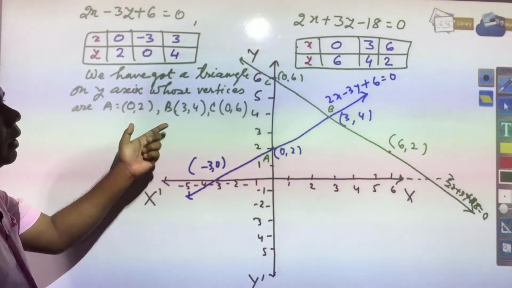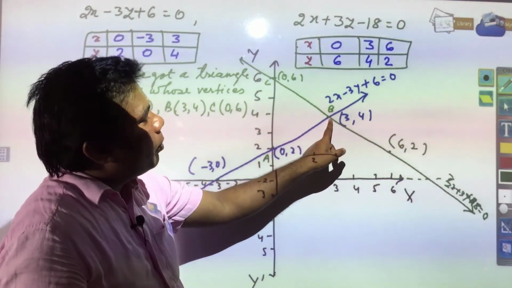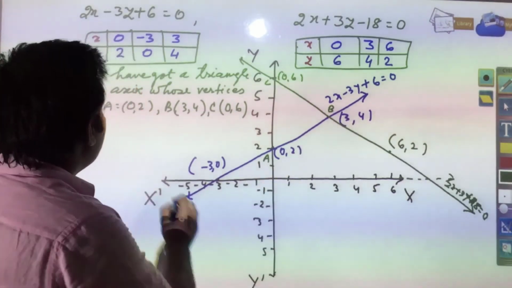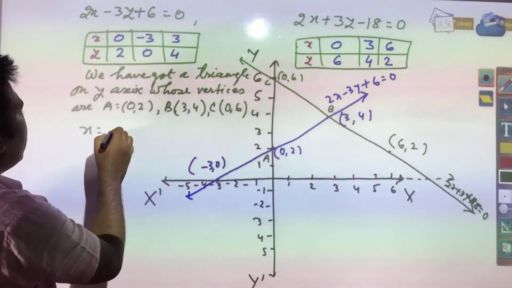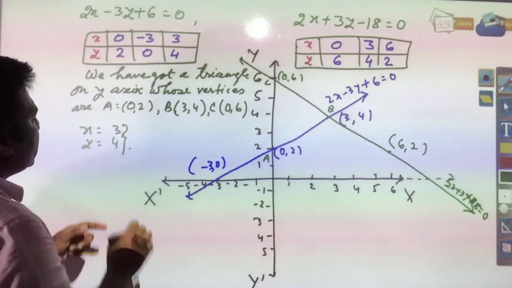So, these are the vertices. Your lines are intersecting at the point B, and your solution is x is equal to 3 and y is equal to 4. This is the answer.